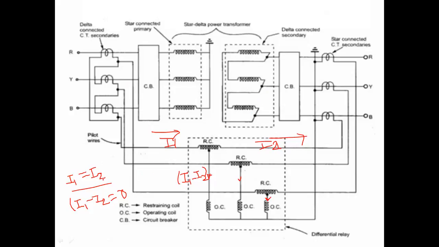So that current difference will flow through the operating coil, and your relay will start operating. That's why it is called the differential relay: the difference between the currents flows through the operating coil, and only then your relay operates.